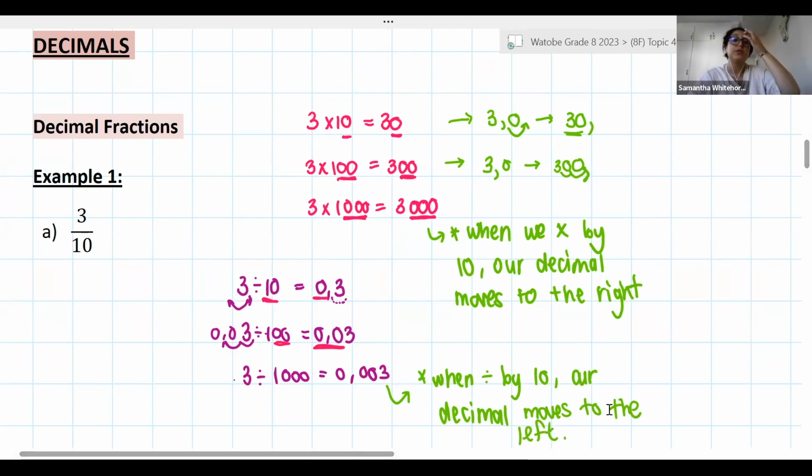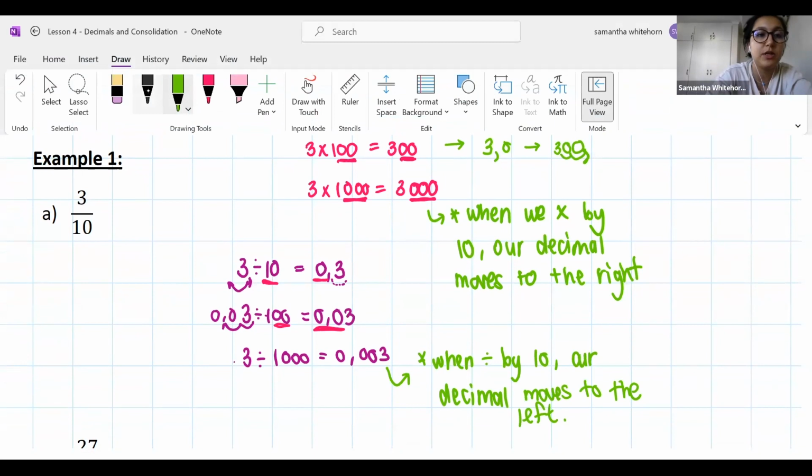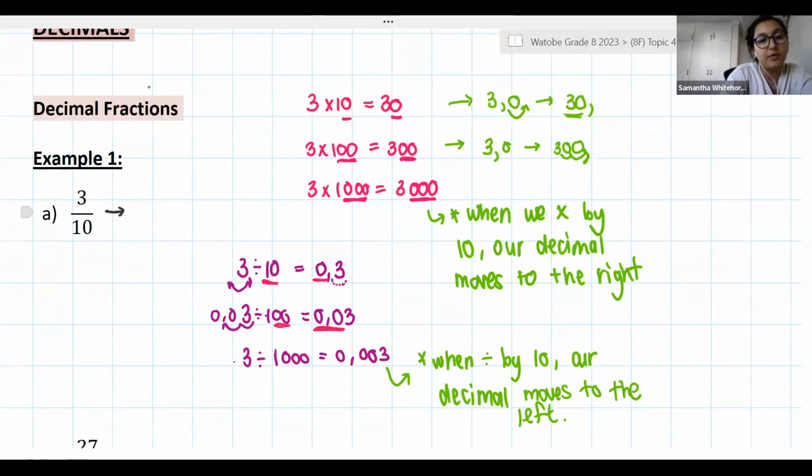Alrighty. So this is now what we need to start applying to converting fractions to decimals. If we have a look at this first example here, essentially what we have is 3 divided by 10. I can take it out of its fraction format and replace the fraction with a division.